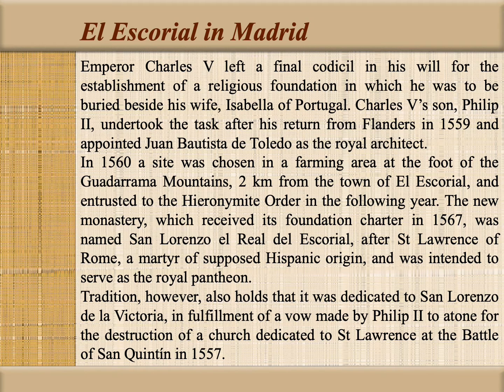This is located in Madrid, as I mentioned, next to the Guadarrama Mountains, and it was named the San Lorenzo el Real del Escorial after St. Lawrence of Rome, who was a martyr of supposed Hispanic origin and was intended to serve as the royal pantheon.